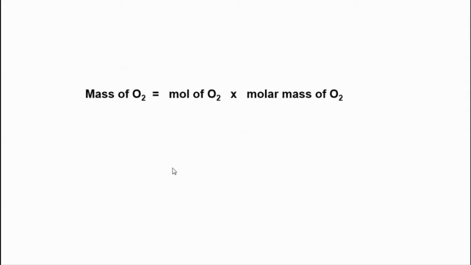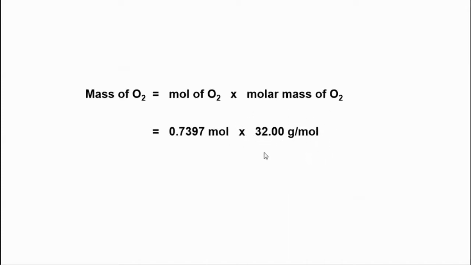Since we want to find the mass of oxygen, we use this formula: moles of oxygen multiplied by the molar mass of oxygen. So moles of oxygen 0.7397 moles, times 32 grams per mole.